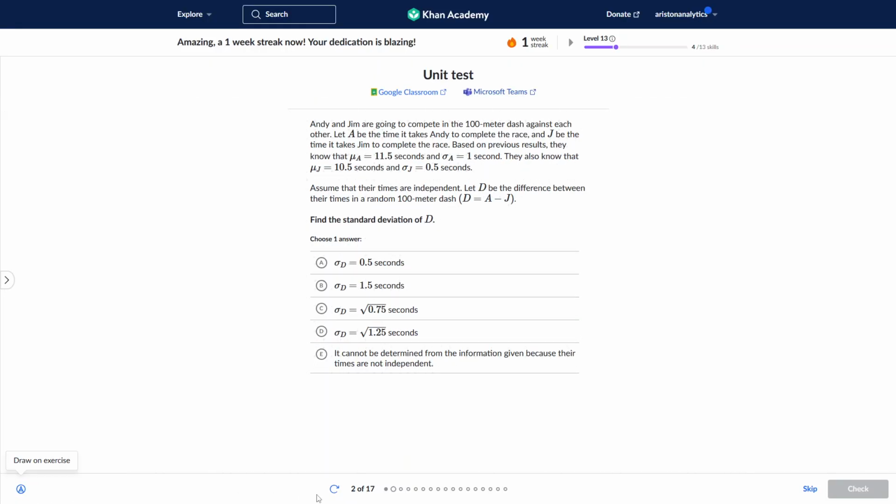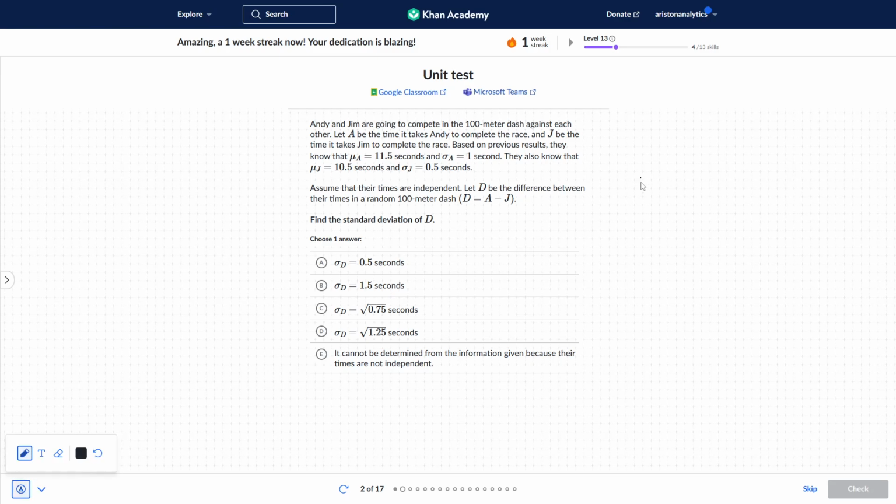Okay, so the difference, 11.5 minus 10.5, that's going to be their new mean. And then I can't remember how to do standard deviation.